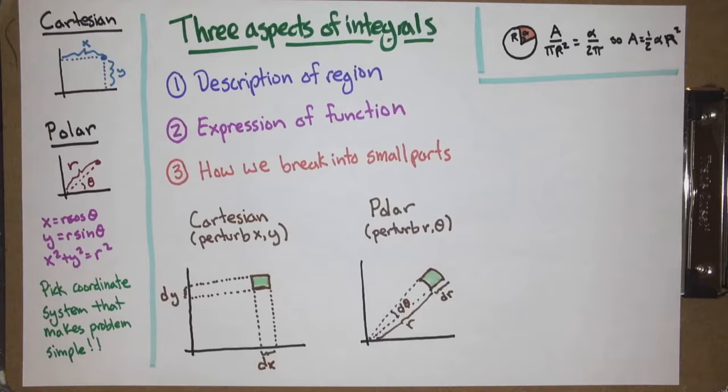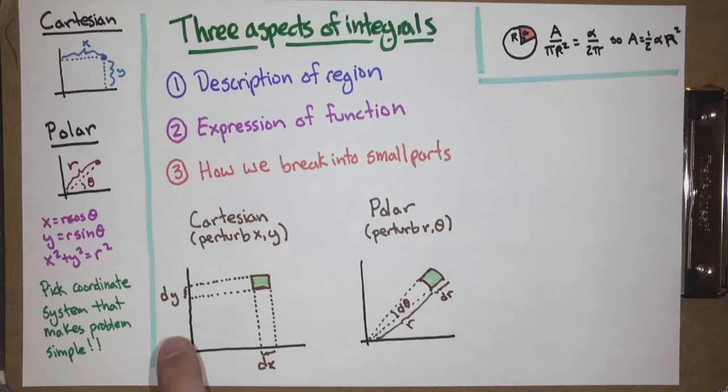Now, we're so used to starting with Cartesian because it's a very simple system. Another name for Cartesian is rectangular. We like rectangles. They're super easy for the mind to understand because they're nice and flat. Now, when we talk about breaking things up, the way you should think about it is I'm going to perturb my variables.